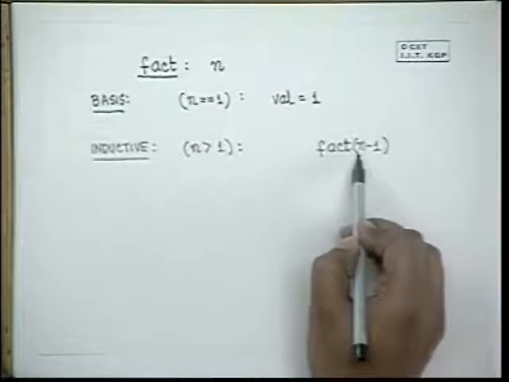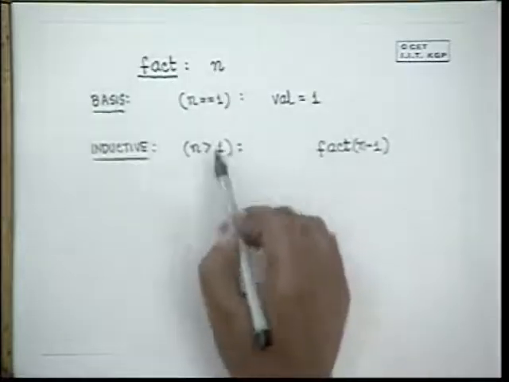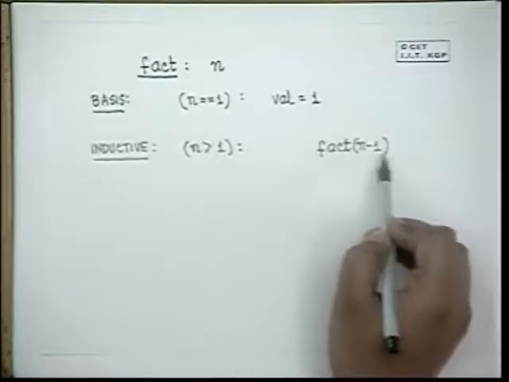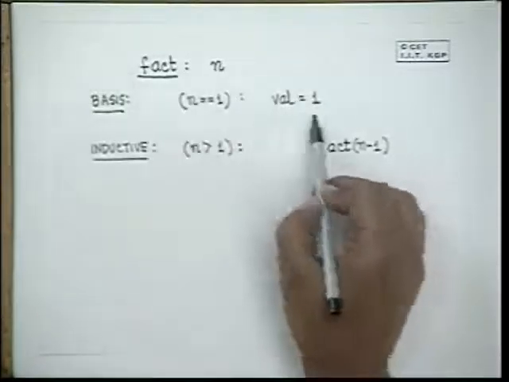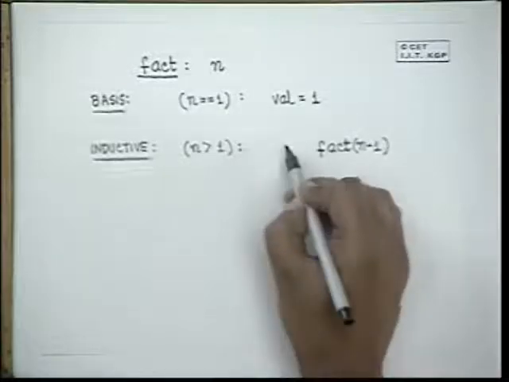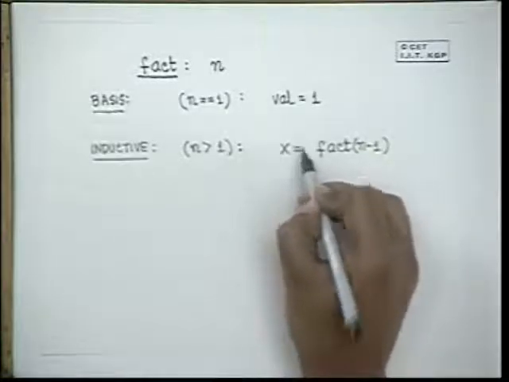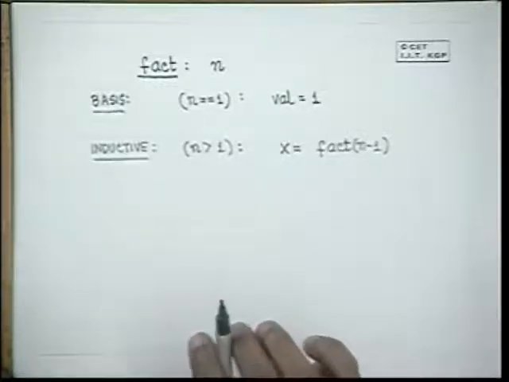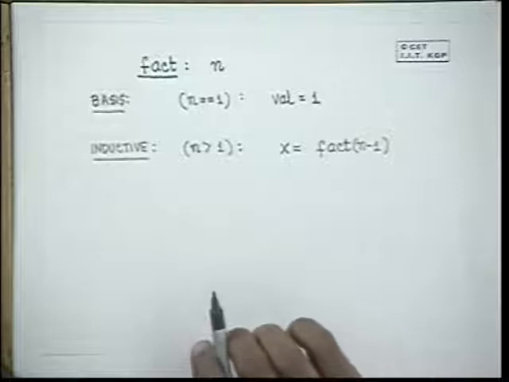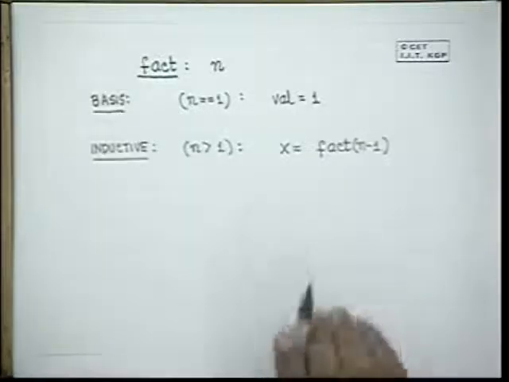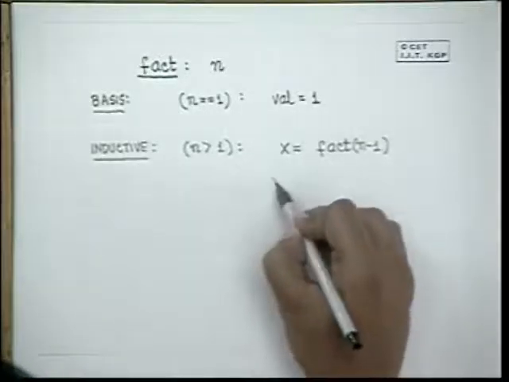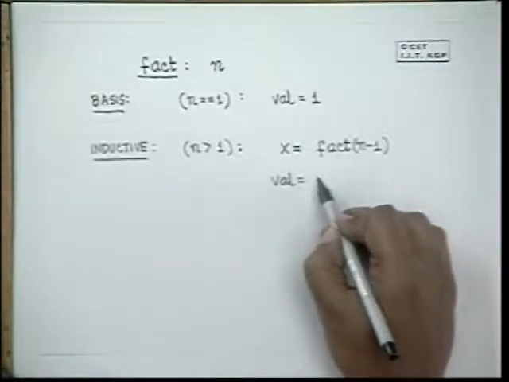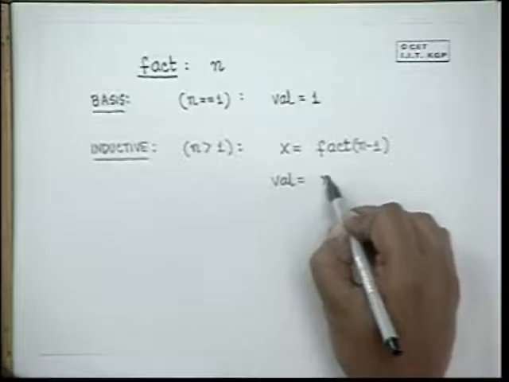If you can solve this and obtain the solution from a solution of this, then you have obtained the solution for this, provided you have got a basis condition. So suppose we had taken x equal to fact of n minus 1. This was the problem decomposition, the only and the simplest problem decomposition that we did. And how did we recompose the problem? We recompose the problem saying val is equal to multiply n with x.